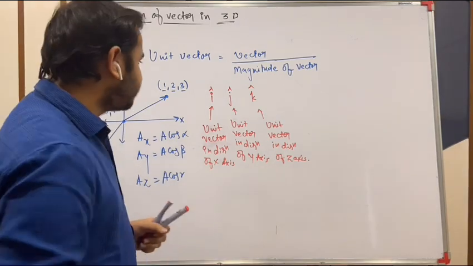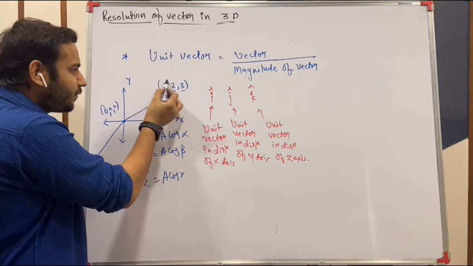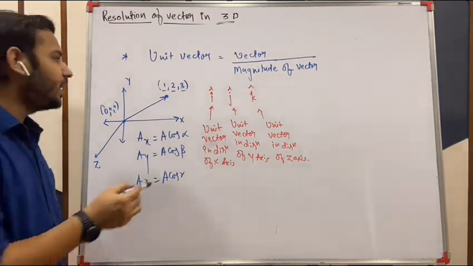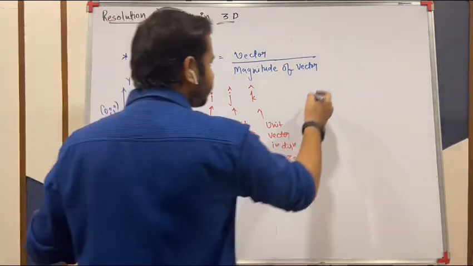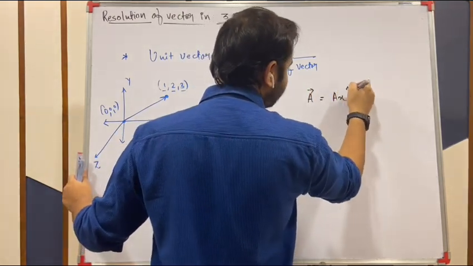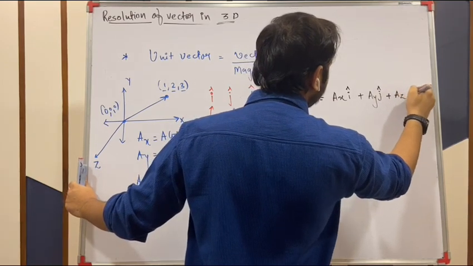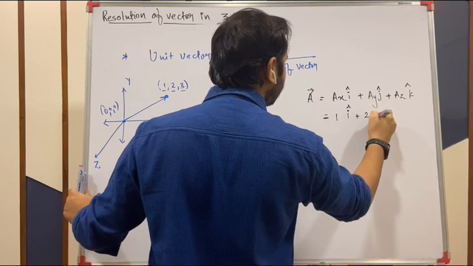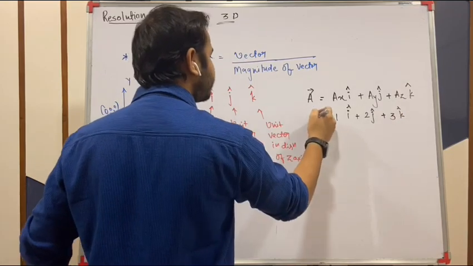Now suppose this is 1, 2, 3. It means effect of the vector in x direction is 1, effect of the vector in y direction is 2, and effect of vector in z direction is 3. So vector can be represented as ax i cap, ay j cap, az k cap: 1 i cap, 2 j cap, 3 k cap.